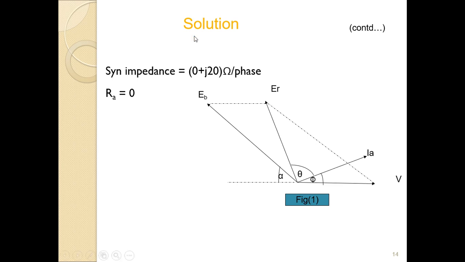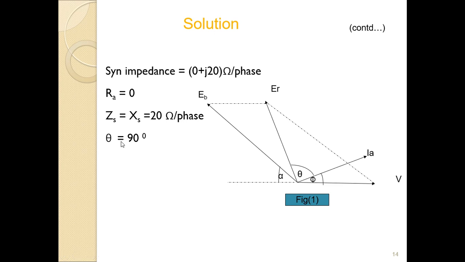So here impedance has given like this, 0 plus J20, means 0 is the RA, armature resistance is 0, and XS is equal to 20 ohms, which is nothing but ZS. Theta is the internal angle, and it is a constant.